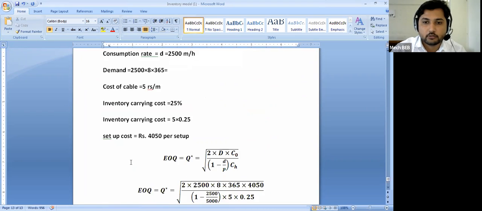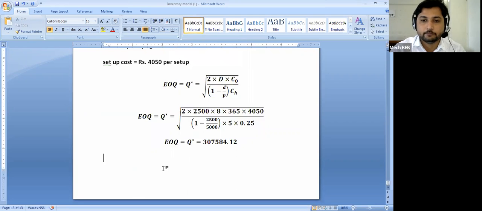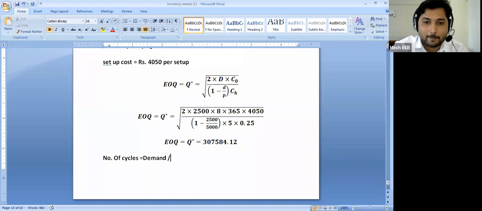Once the EOQ is calculated, next what you need to determine is the number of cycles. The number of cycles is equal to demand divided by EOQ. Demand is well known to you: 2500 multiplied by 8 multiplied by 365.